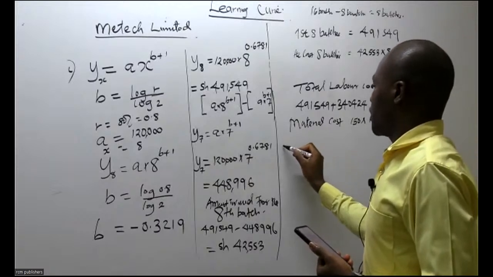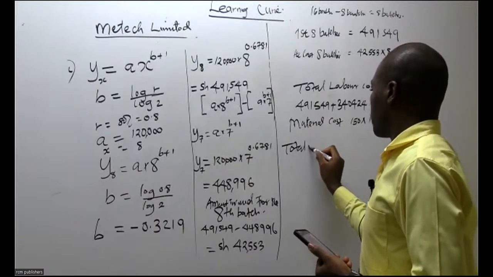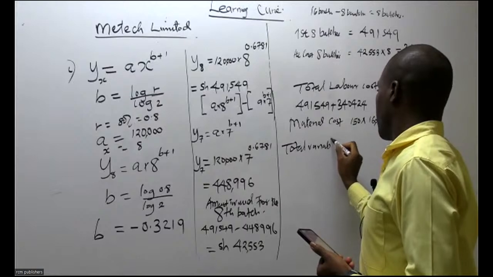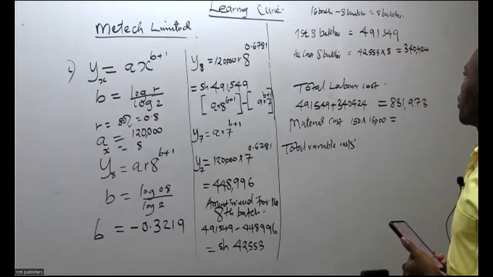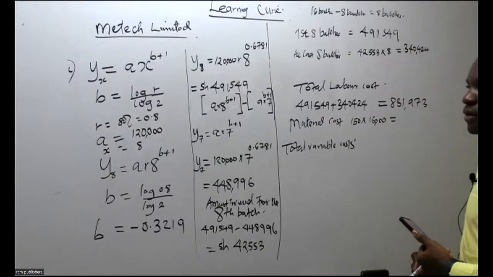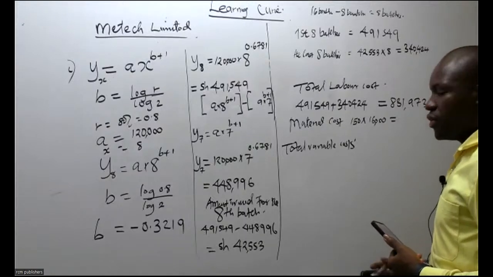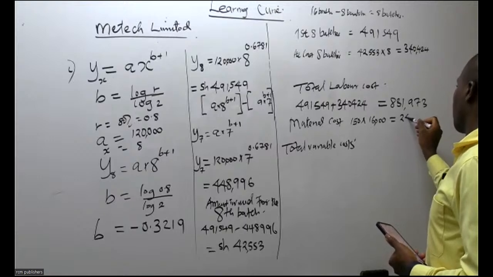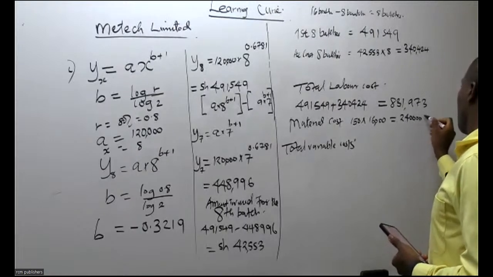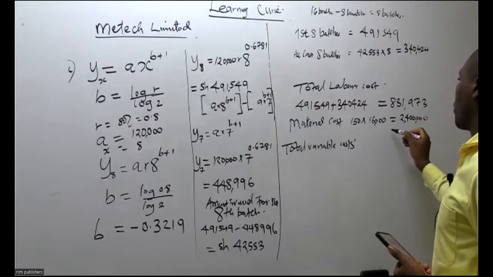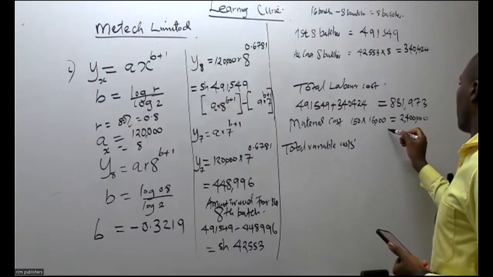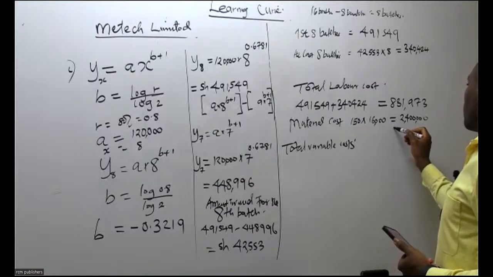It is 2,400,000. That is our total material cost. So if you add everything, what will you have? Is it 3 million?